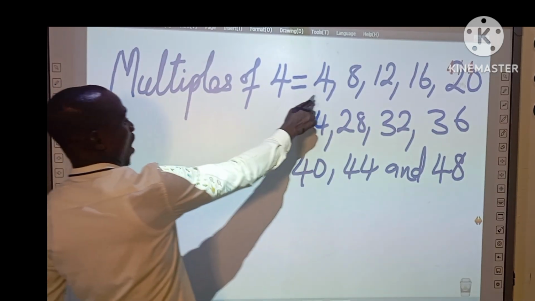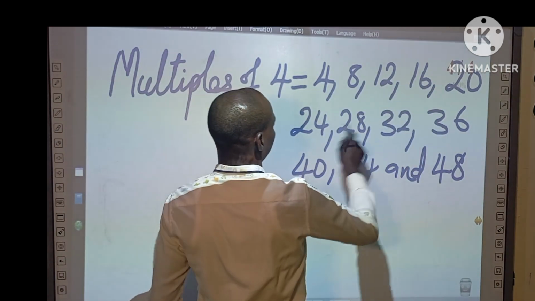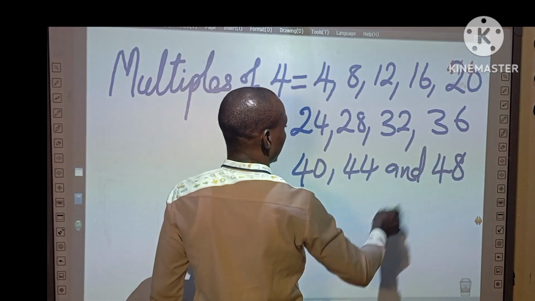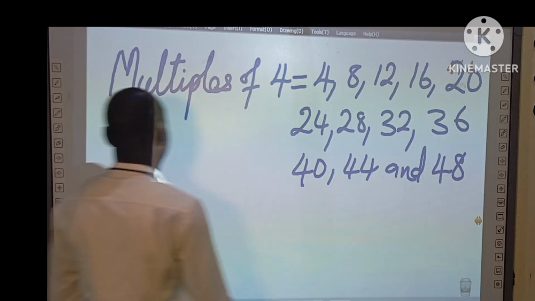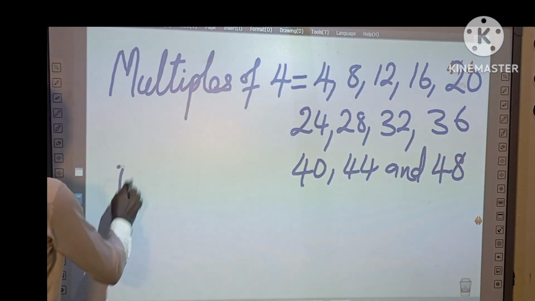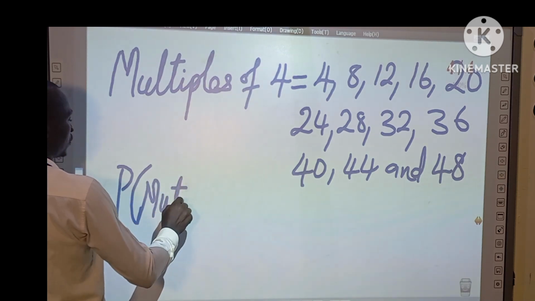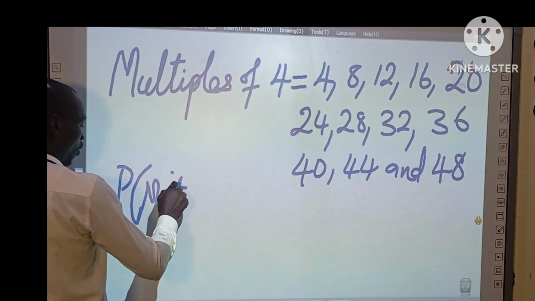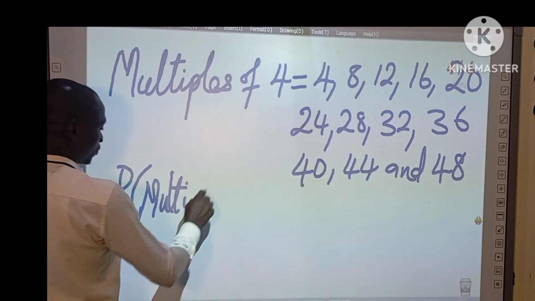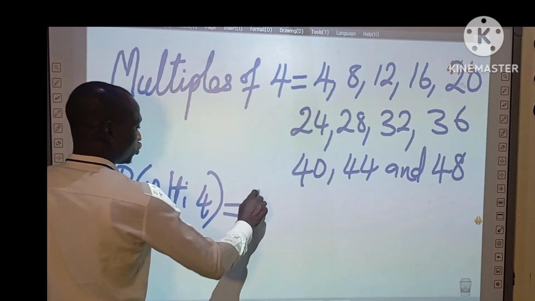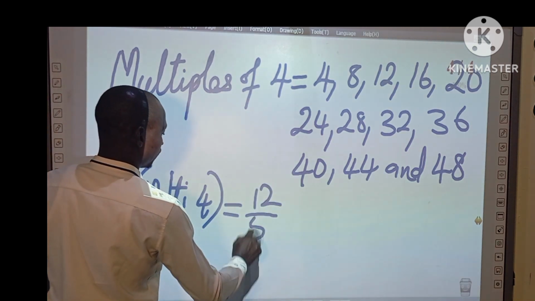We'll count them out. 1, 2, 3, 4, 5, 6, 7, 8, 9, 10, 11, 12. So we have 12 multiples. Therefore, probability of multiples of 4 will be equal to 12 over 50.